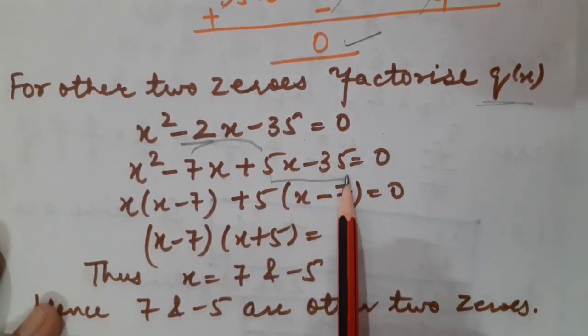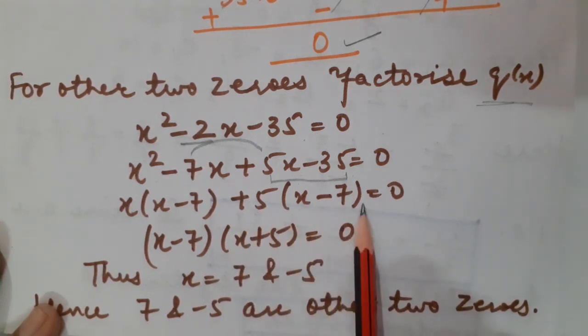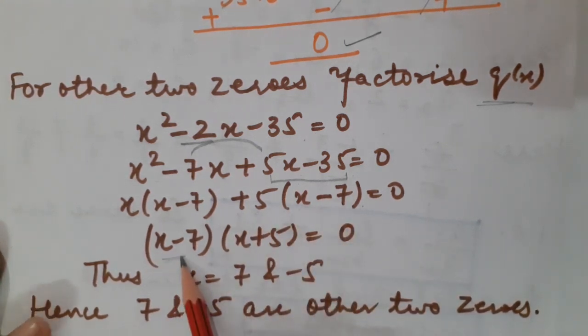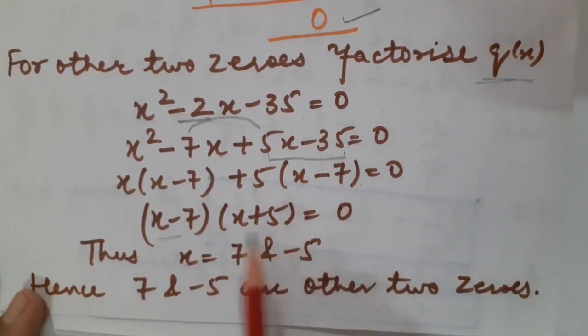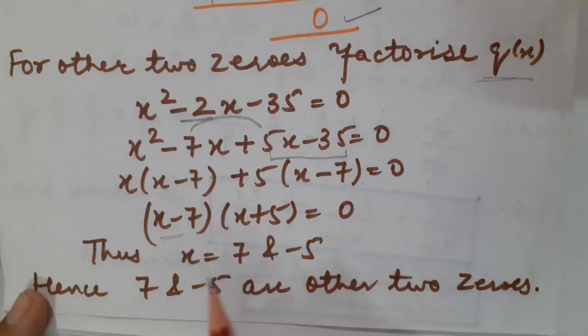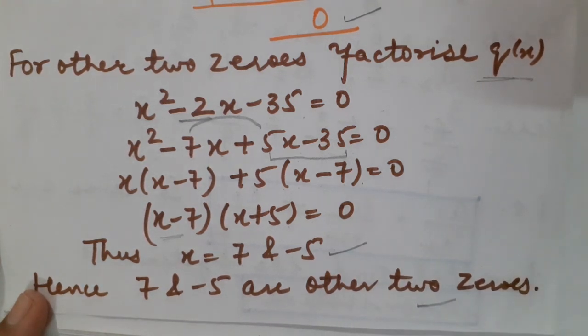Here I am going to take 5 common. It would be plus 5 into x minus 7. So x minus 7 will be written once along with x plus 5. After equating both the expressions to 0, I have got x is equal to 7 and minus 5. These are actually the other two zeros of the biquadratic polynomial.